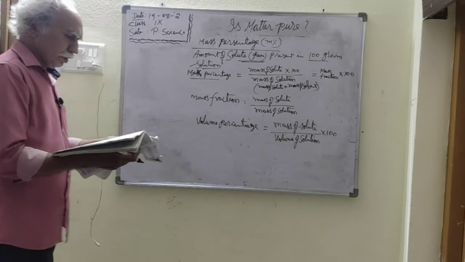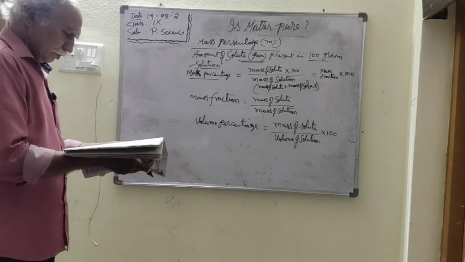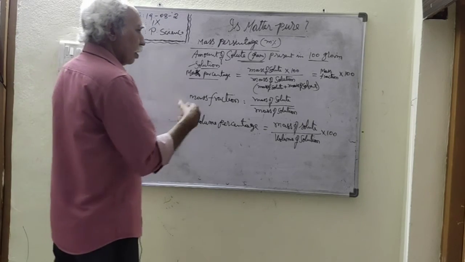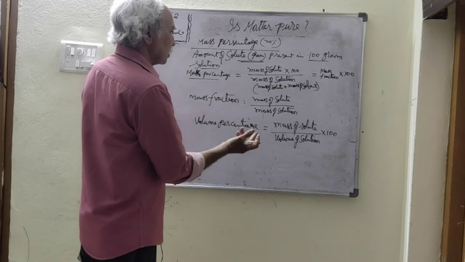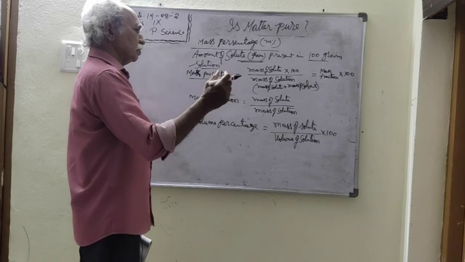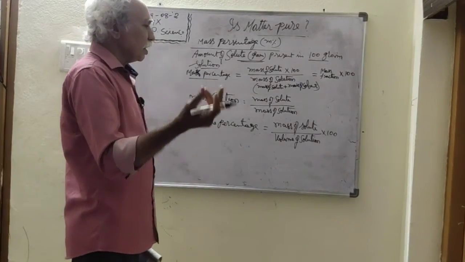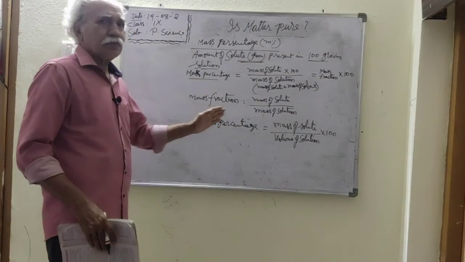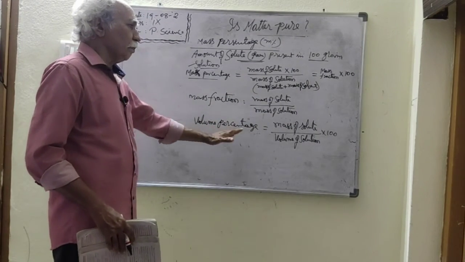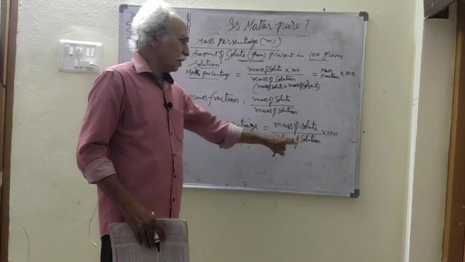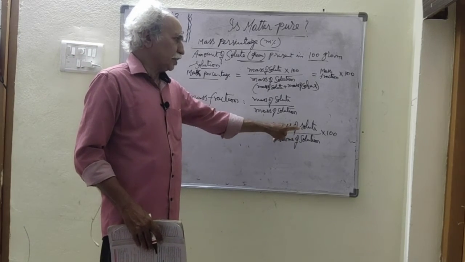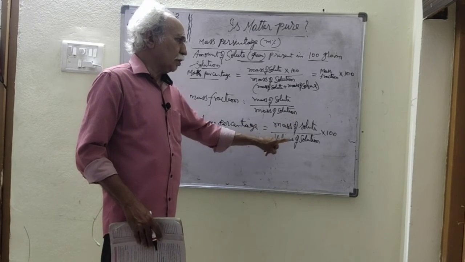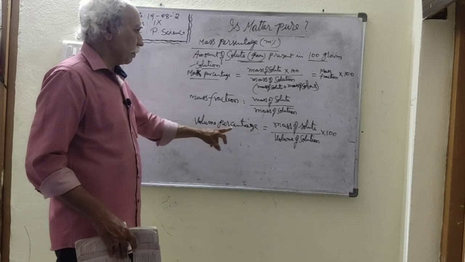Volume percent is also present, that is volume of solute by volume of solution into 100, where solute and solvent are both in liquid state. In mass volume percentage, the solution is in liquid state and the solute is in solid state, so it is mass of solute by volume of solution into 100.